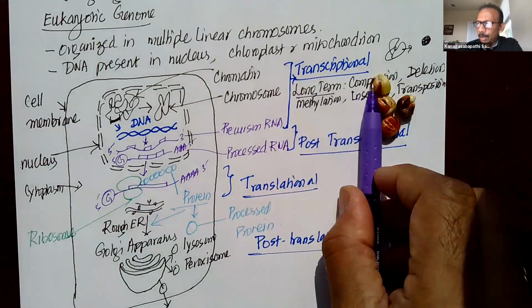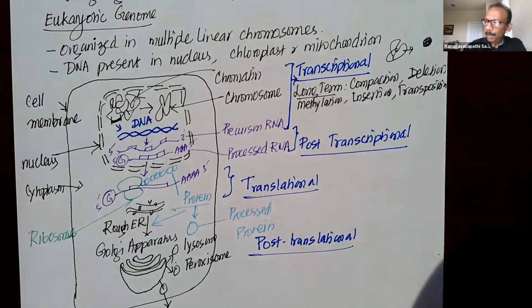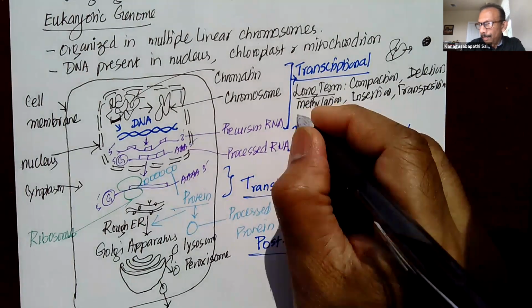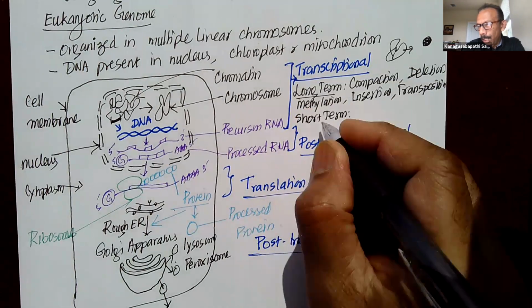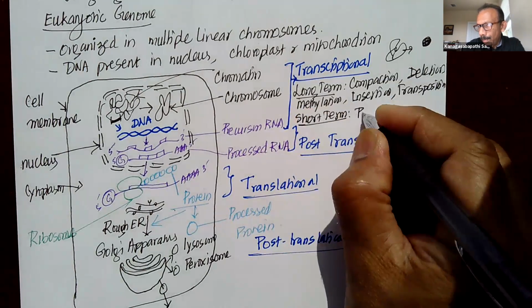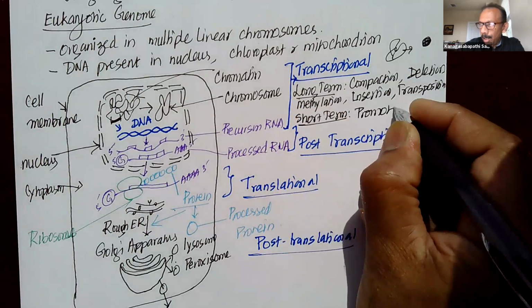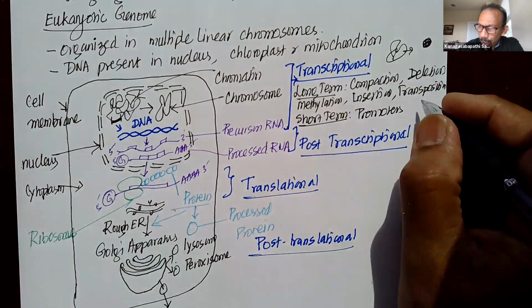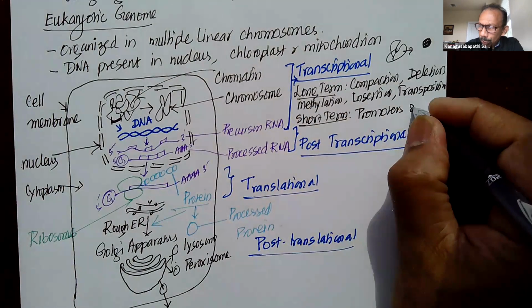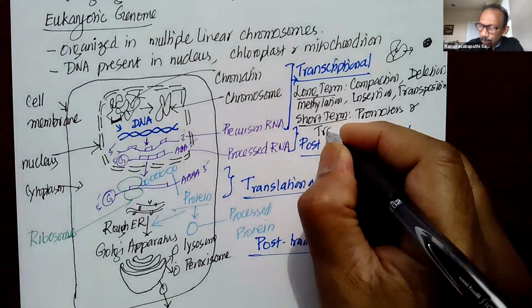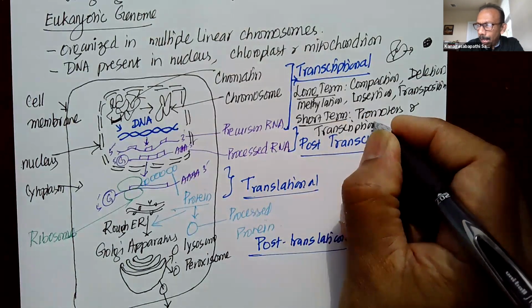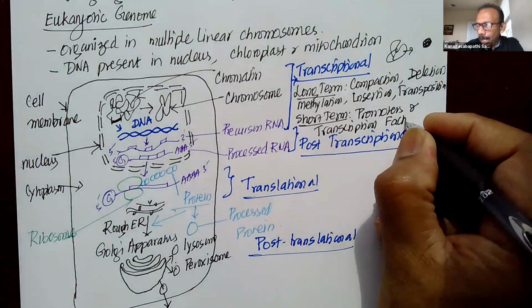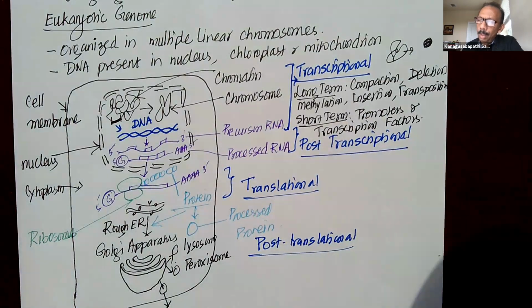In addition to that, there is short-term control. The short-term control is how the promoters present in different genes are recognized by transcription factors. There are different types of transcription factors. They bind to the promoters and they affect it.